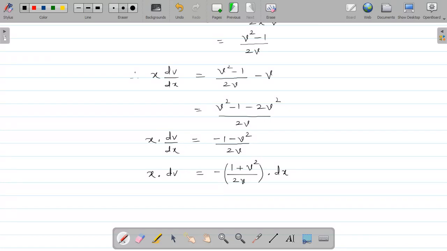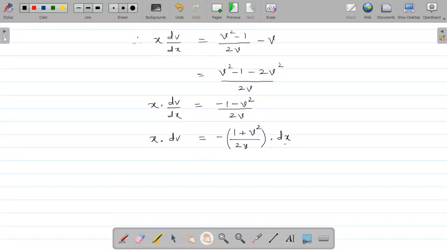Now the position of x and position of v is fixed, so I will transfer this x to the right hand side and this one to the left hand side. So that's why what will you get here? I will get minus of 2v upon (1 plus v square) dv is equal to 1 upon x into dx. So here we get the variable separation.